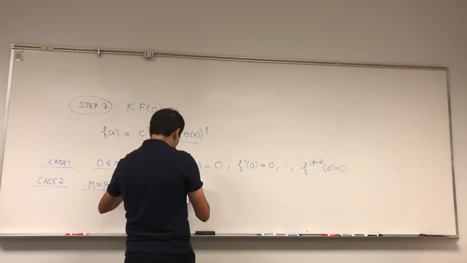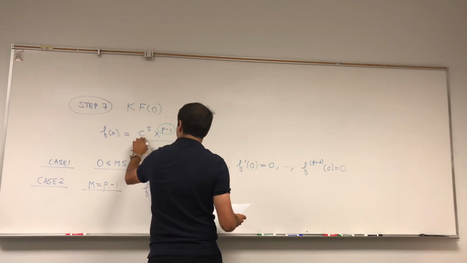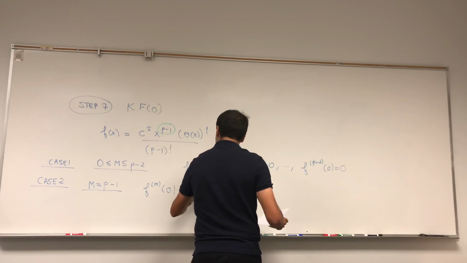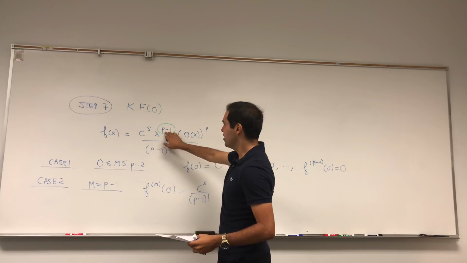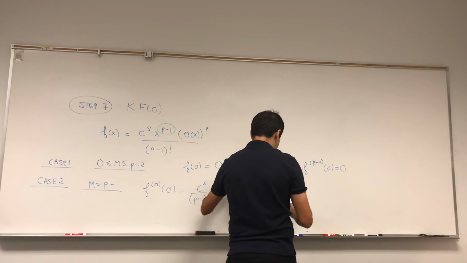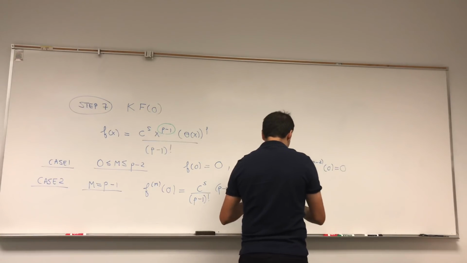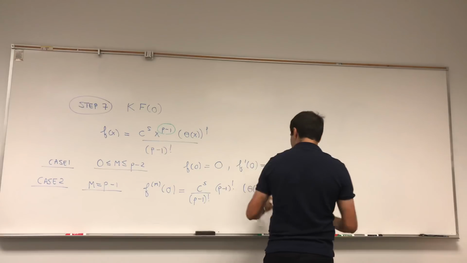So worst case scenario, we have something like that, where we have c to the s, p minus 1 factorial, and all the derivatives fall on here, which would result in a p minus 1 factorial. And everything else is here, theta 0 to the p.